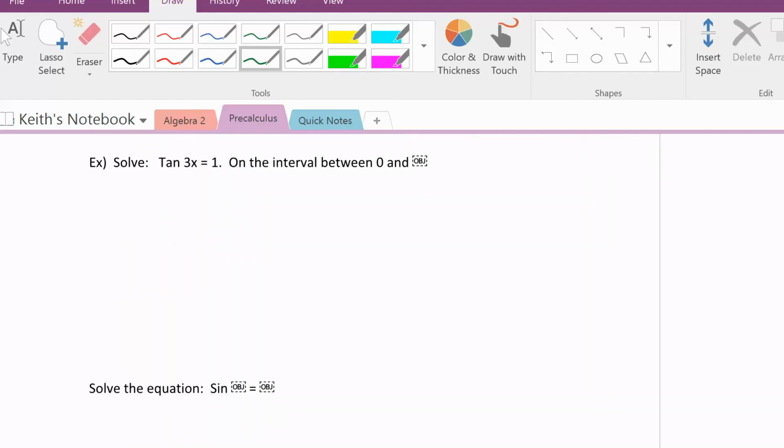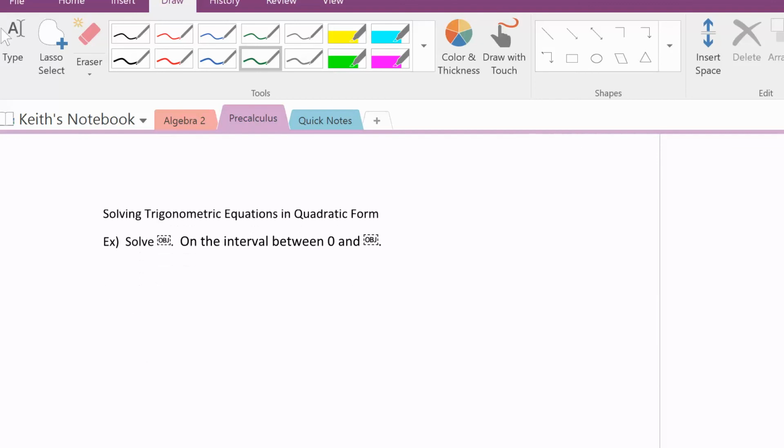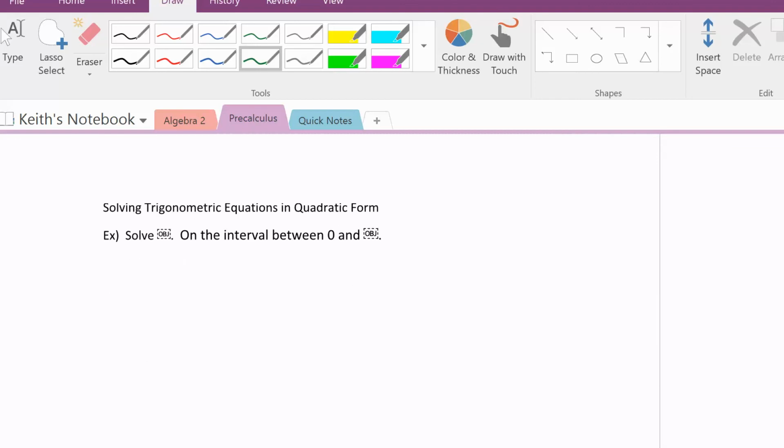All right, we're going to skip the next part and go to the last page, which talks about quadratics. So for example, 2 cosine squared x plus cosine x equals 1.